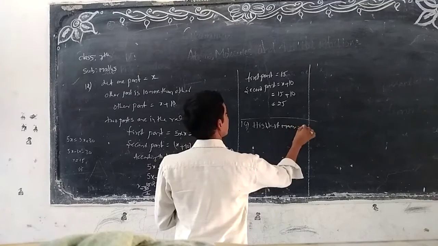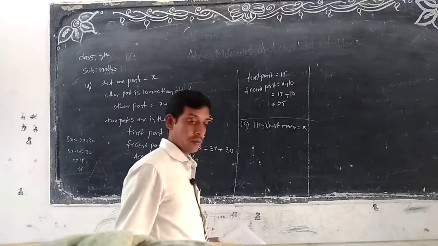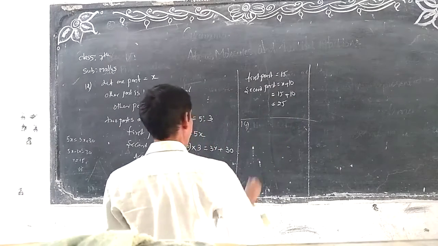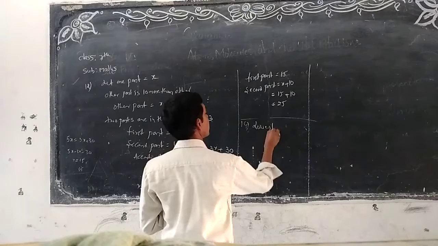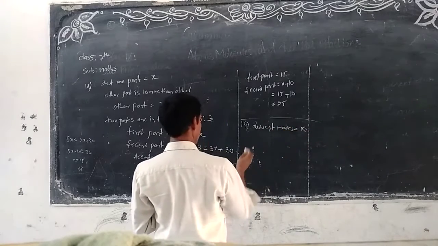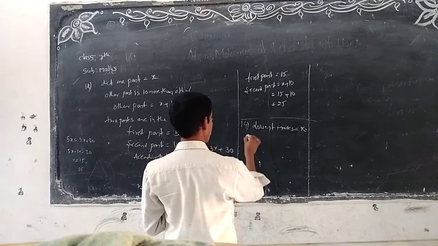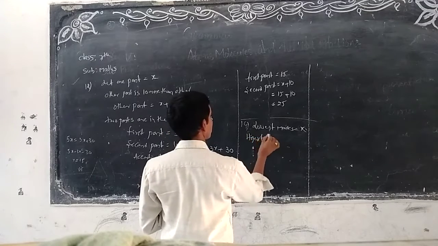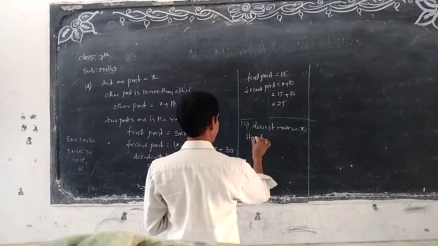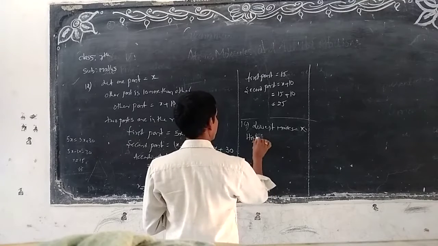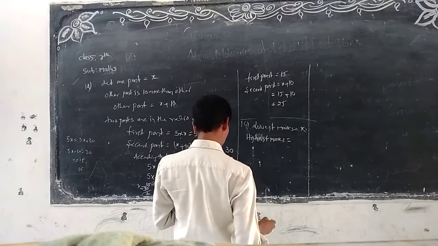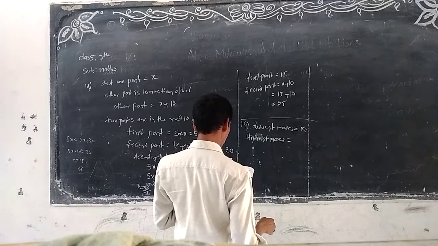Think of this one. Let x be the lowest marks. Next, highest marks is equal to twice the lowest marks plus 7.